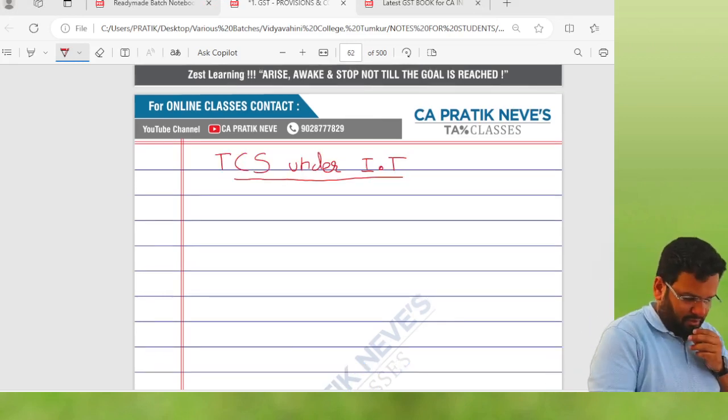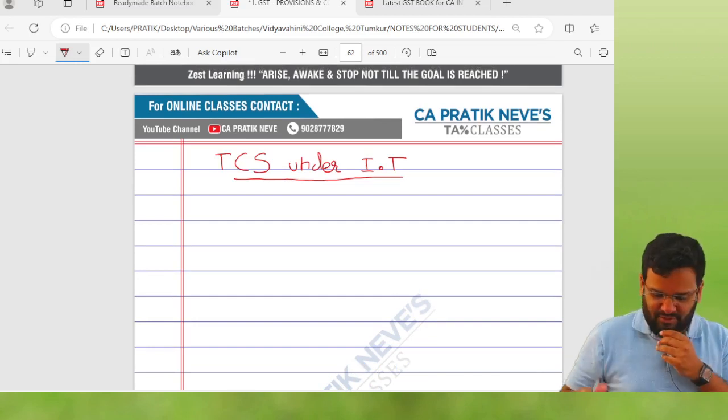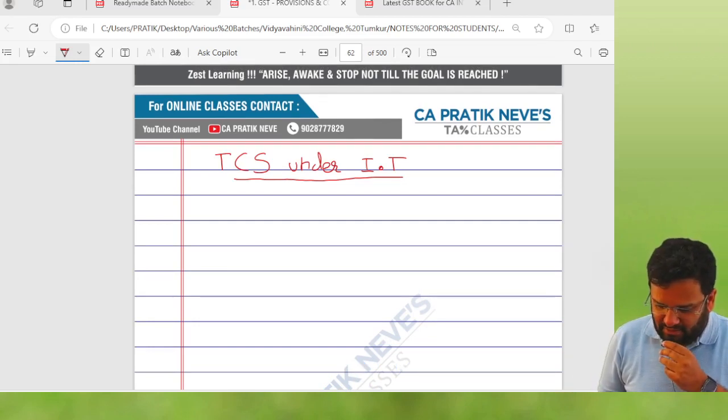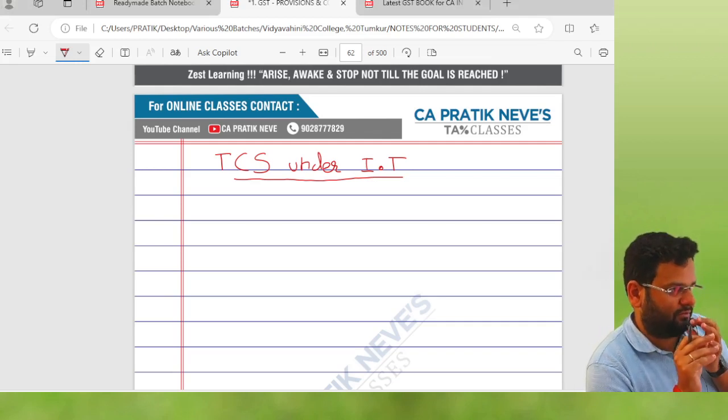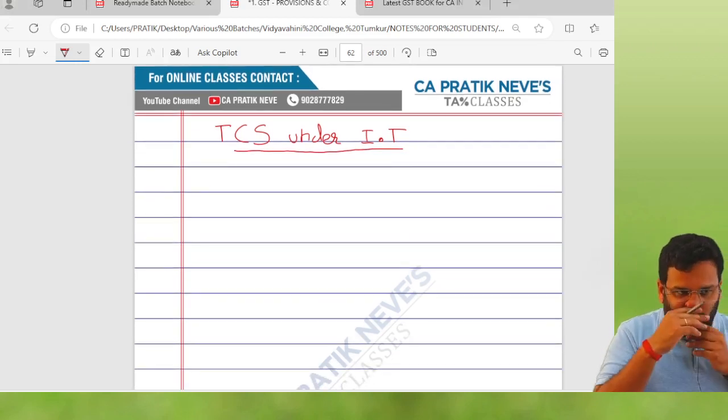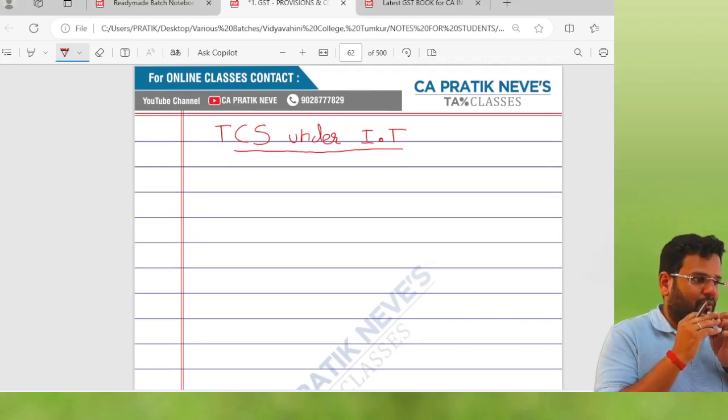Yes, so now see this concept of TCS. Okay, what happens in TCS? Tax collected at source. Okay, very unique concept, very deep concept.